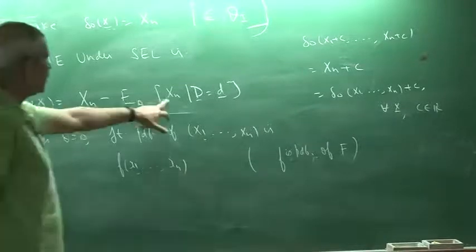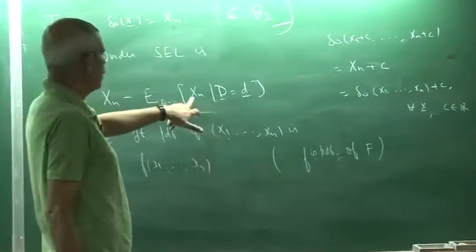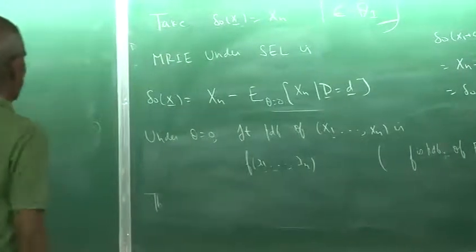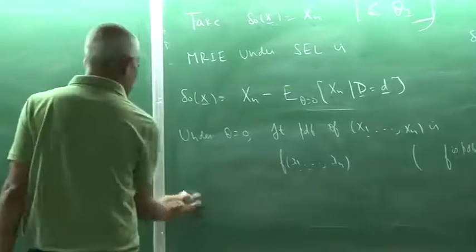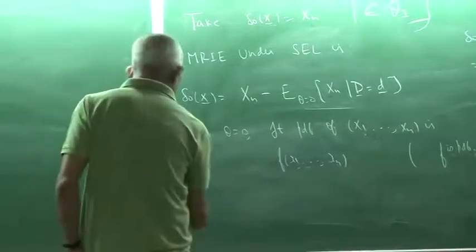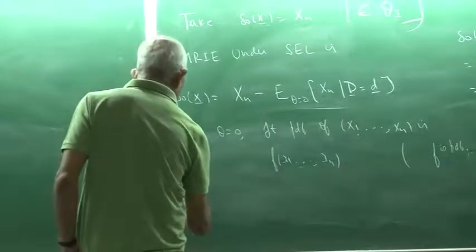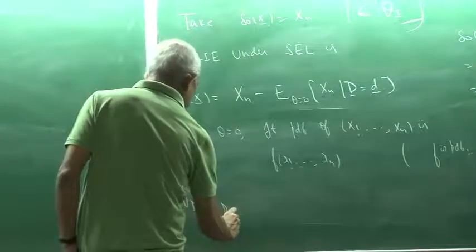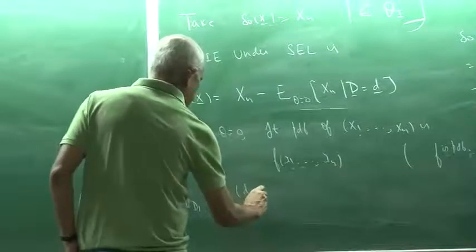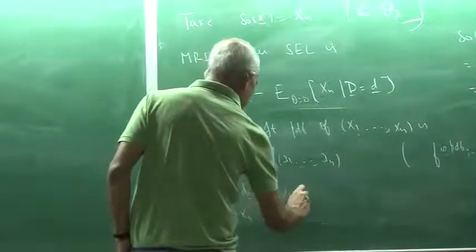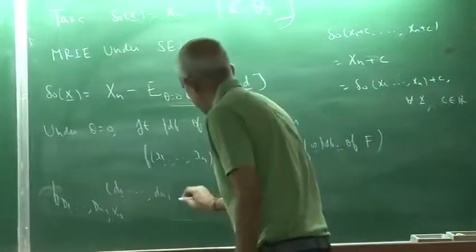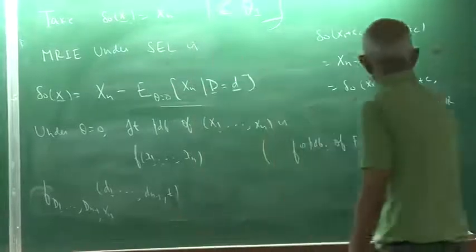So, first to find the conditional PDF, now you know that the conditional PDF is always proportional to the joint PDF. So, let me just find out what the joint conditional PDF is. So, what is the PDF of d1, d2, ..., dn minus 1, and xn at the point d1, d2, ..., dn minus 1, t? What transformation do I have to make at the point when xn is fixed at t?